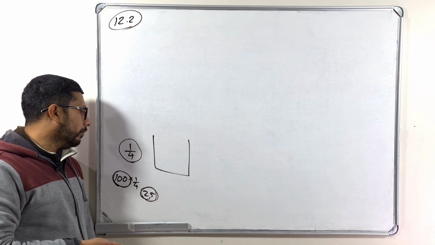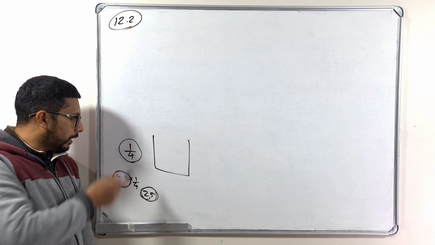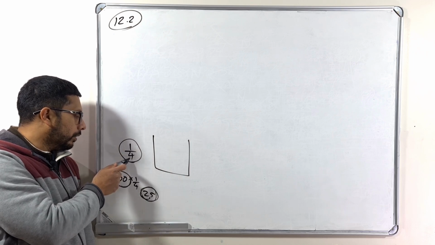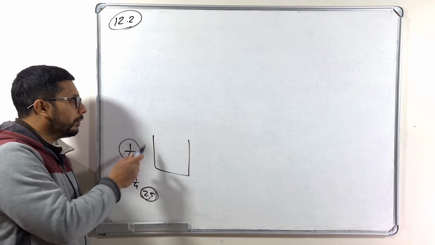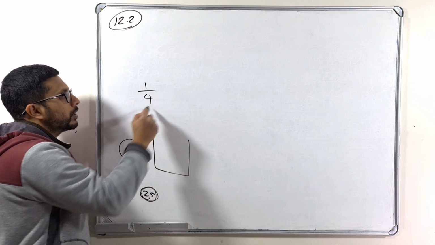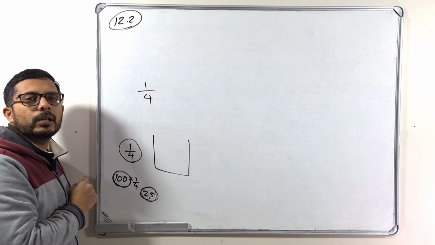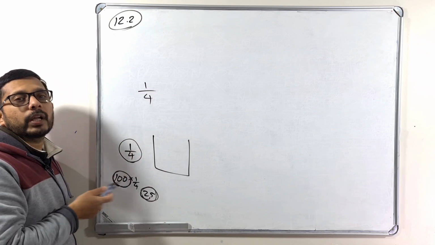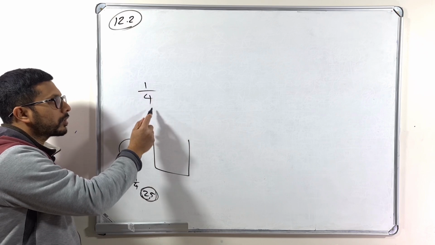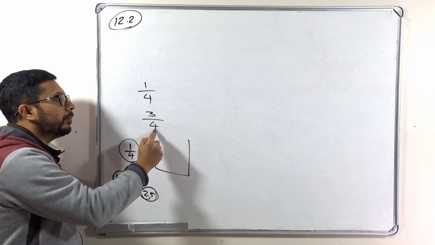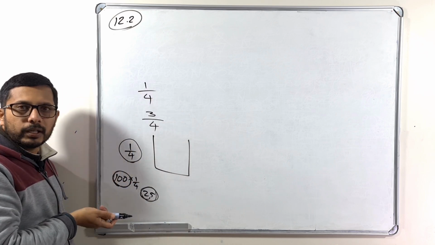So what we have to do is, if 1/4 are mystery boxes, then how many percentage or how many fraction are normal gifts? 1/4 is mystery boxes, which means the remaining 3/4 are normal gifts.